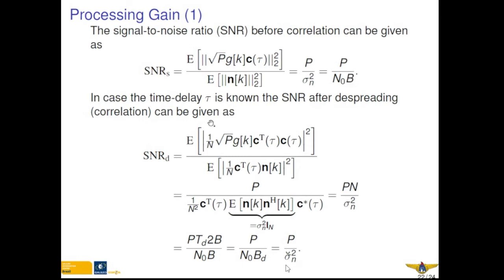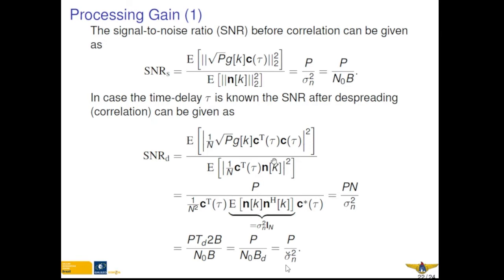In case the time delay is now known and we can perfectly despread the signal without any time delay error or bias, the signal after despreading is the expectation. Now we perform correlation of the signal and we take the absolute value squared. And we also look at the expectation of the noise correlated with the model.